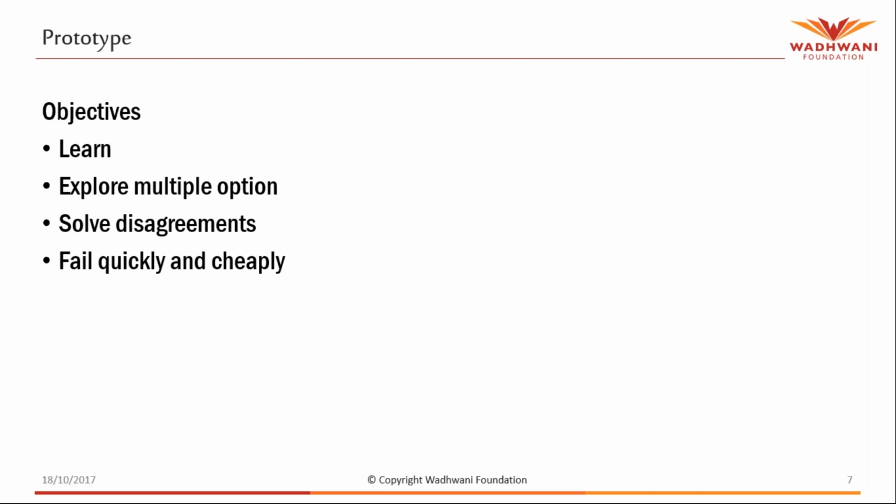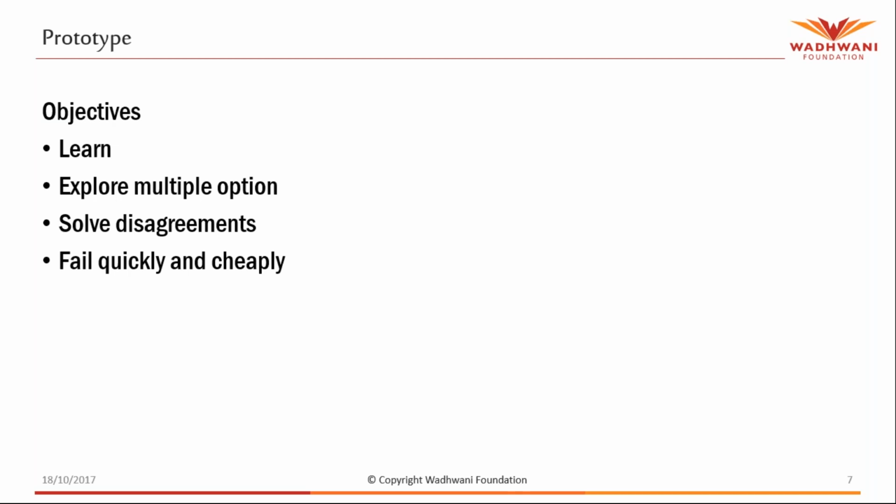So the objective over here is, before you have prototyped, you have certain ideas of what works and what doesn't work. Once you have actually expressed it in a product, now you know what works and what doesn't work to a far larger extent than you knew before you had the prototype.